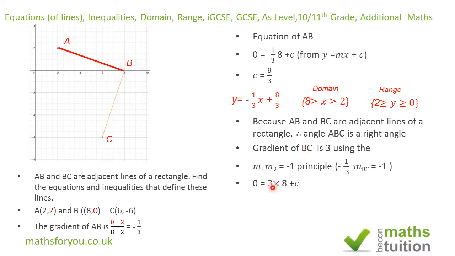So 8 times 3 is 24. So C is going to be -24. If you subtract 24 from both sides, you get C is equal to -24.